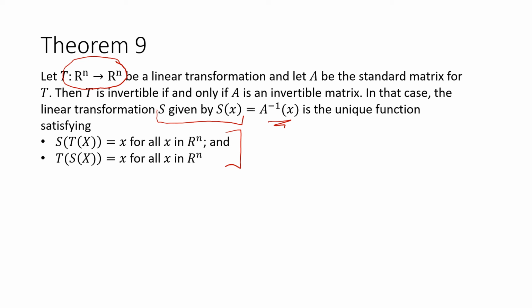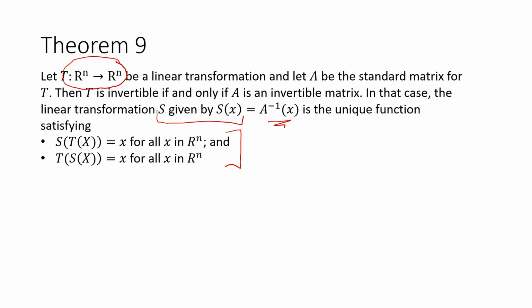And you can do it the other way around too: applying S first and then T brings you back to that vector. According to this theorem, this only works if the matrix associated with that transformation is invertible. That's the only time you can do this for all x in R^n.